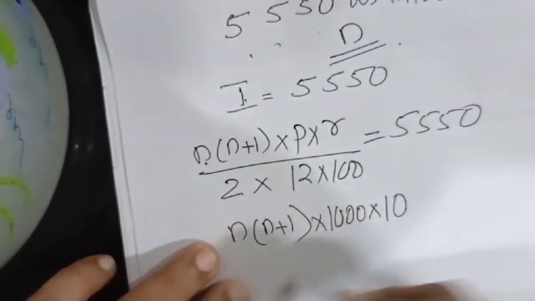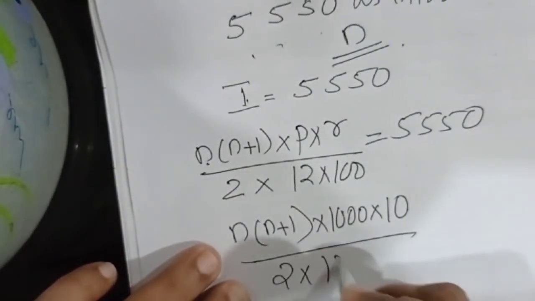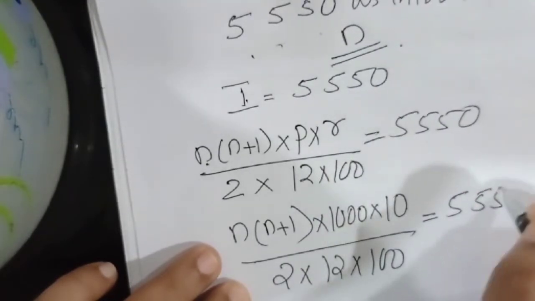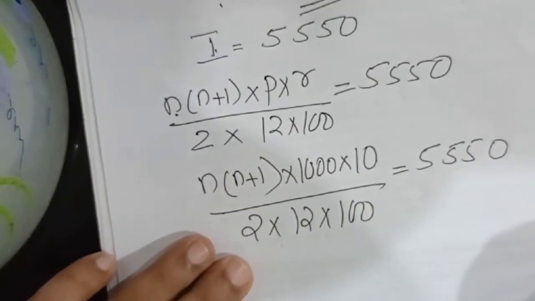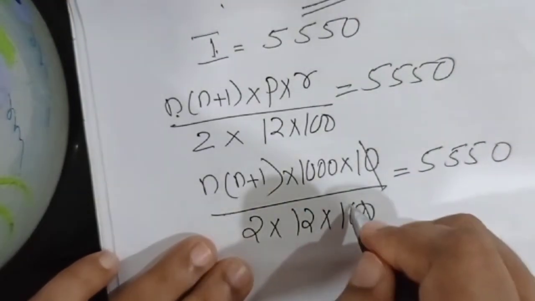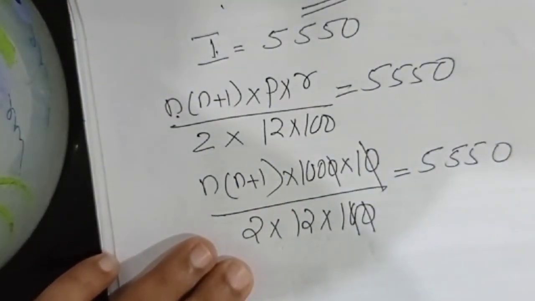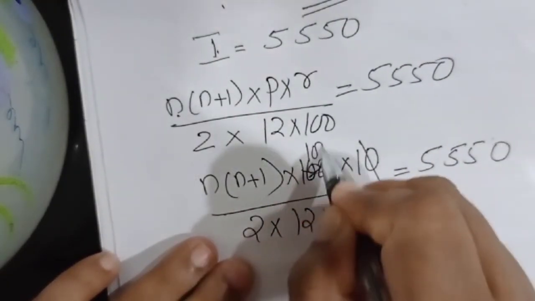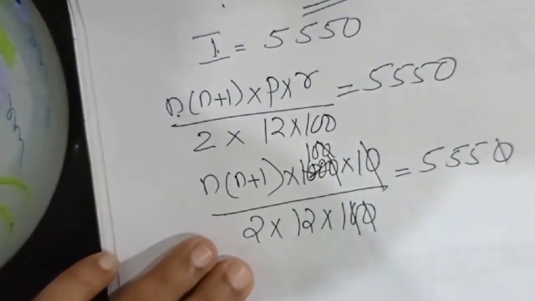Rate means 10 by 2 into 12 into 100 equal to 5550. Do this calculation very carefully. 0, 0 cancel, 0, 0 cancel. Then 100 is here, 10, 10 cancel.